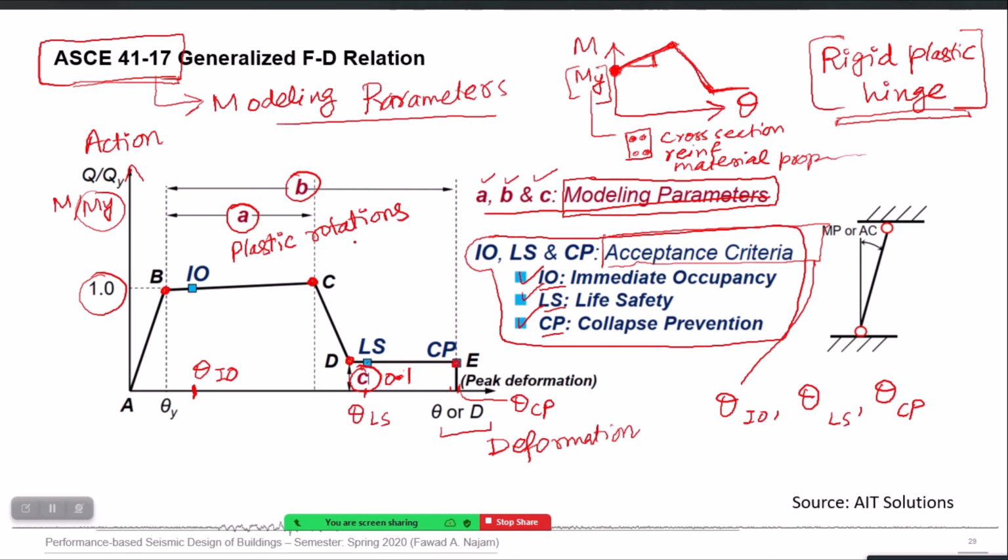Theta CP will be close to complete collapse or complete failure of the beam. So these 6 numbers you can pick from ASCE 41: A, B and C modeling parameters, and the 3 rotations corresponding to each performance level. This is the most widely used nonlinear modeling approach for reinforced concrete beams that use ASCE 41.